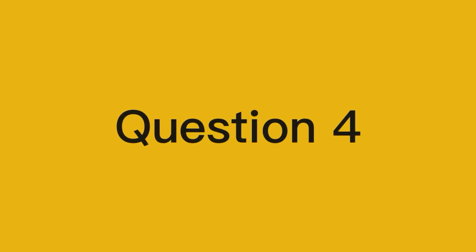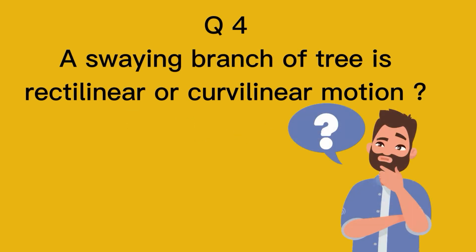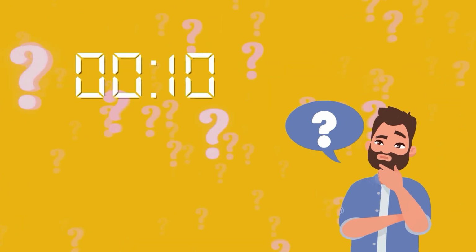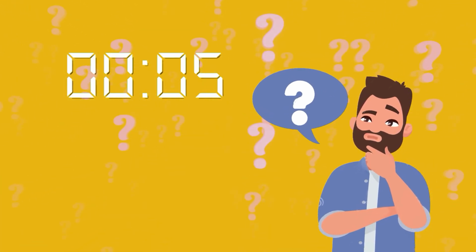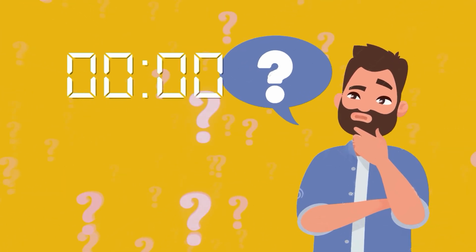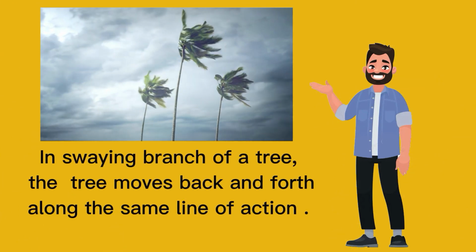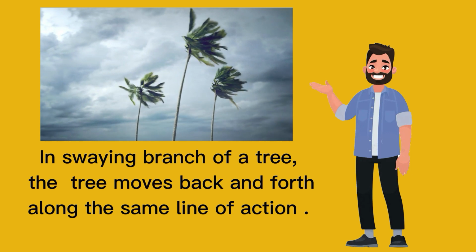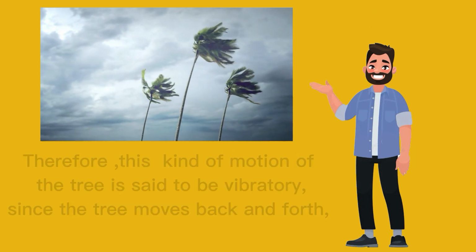And the fourth question says, is a swaying branch of a tree rectilinear or curvilinear motion? As you observe from the given picture, in a swaying branch of a tree, the tree moves back and forth along the same line of action.